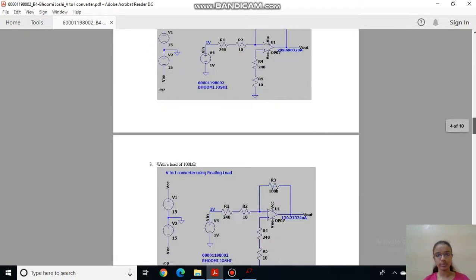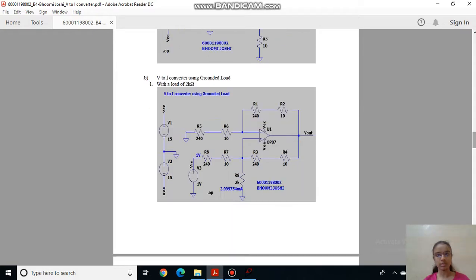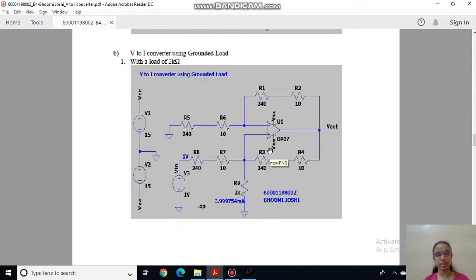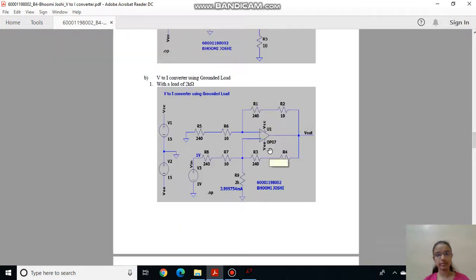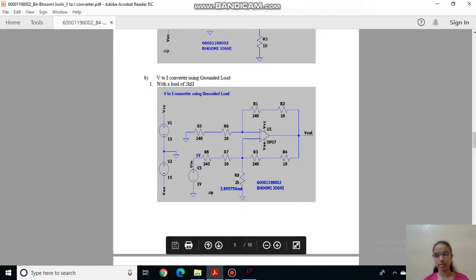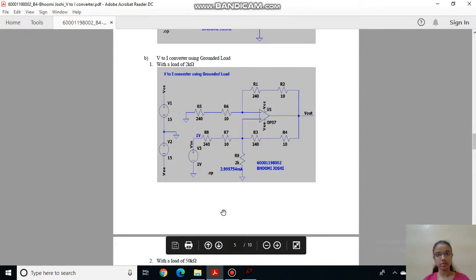So let us see, this is my schematic for grounded load. Here I have taken 2 kilo ohms resistor as a load. As you can see here also I am getting approximately 4 milliampere current.